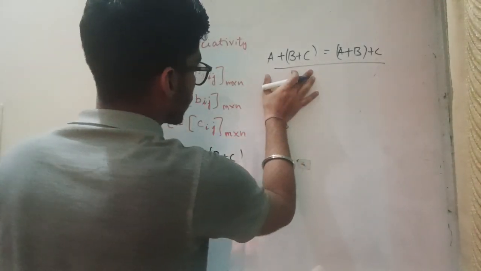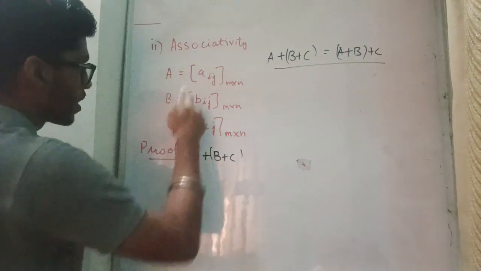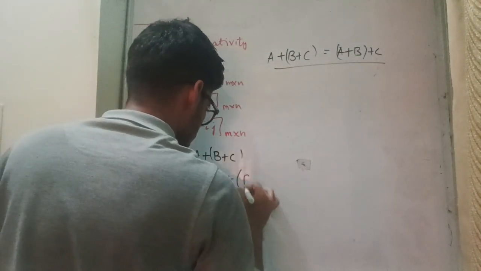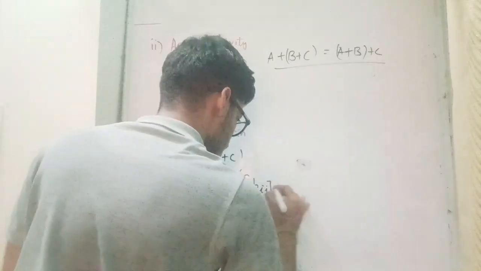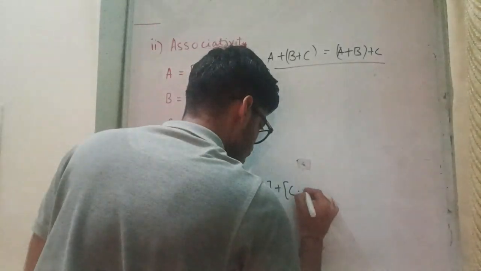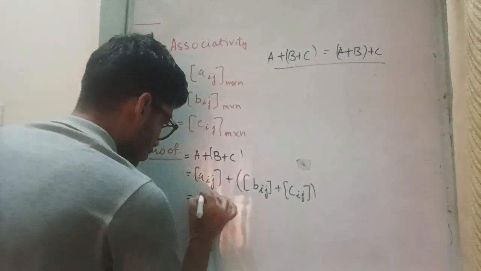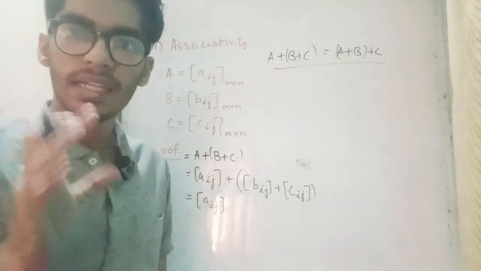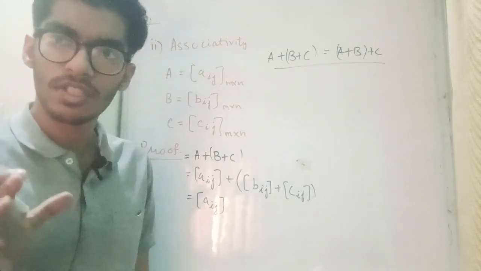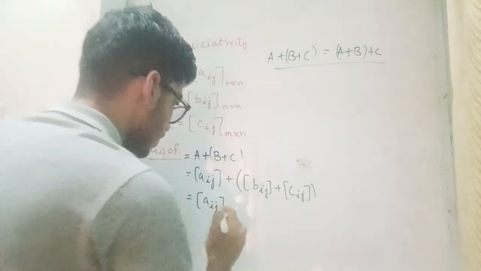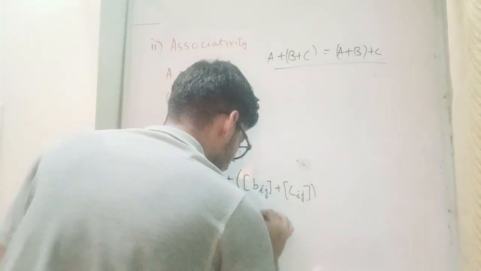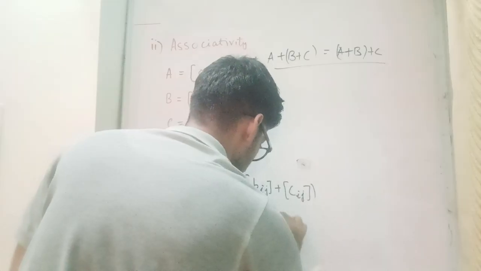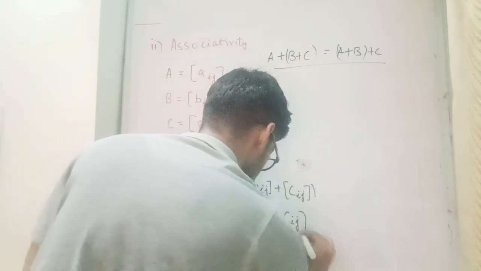We start from the left hand side. Now we can write A like this, B like this, and C like this. Now, we know that addition of matrices is adding the elements that occupy the same position in the two matrices. So we can write it like this: Bij plus Cij.